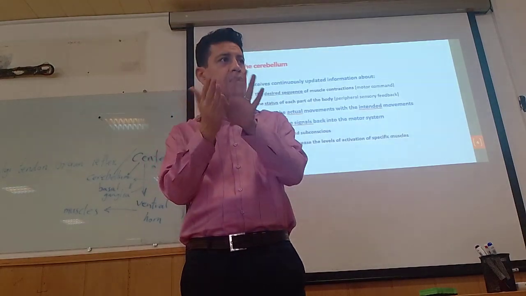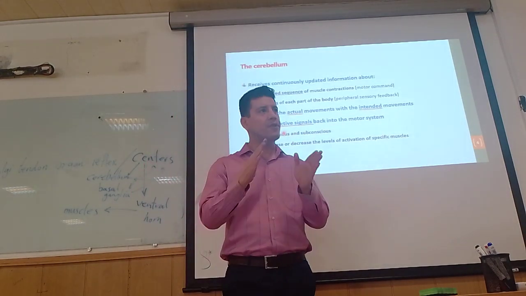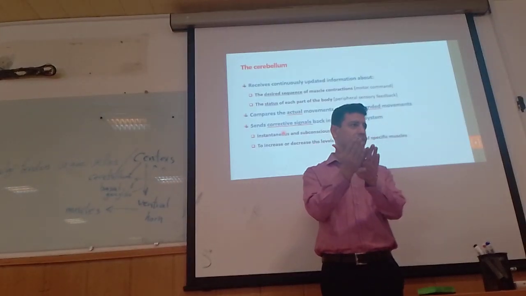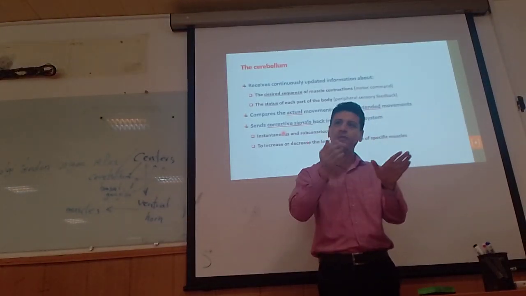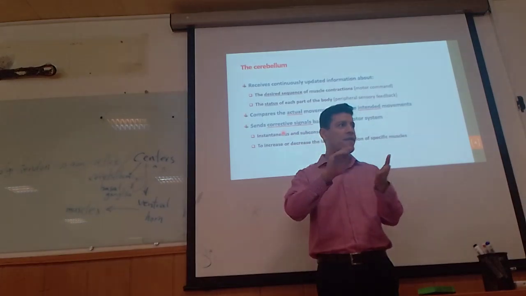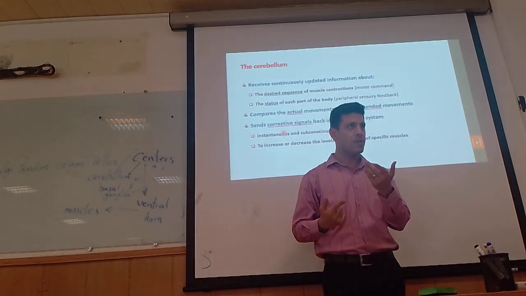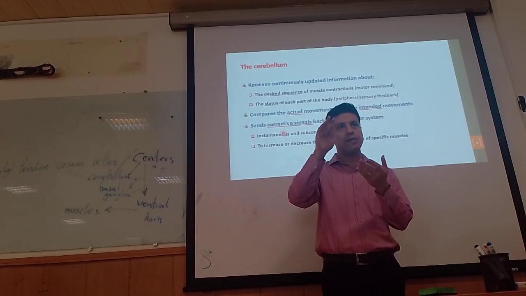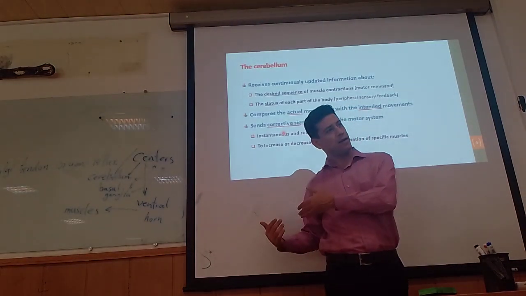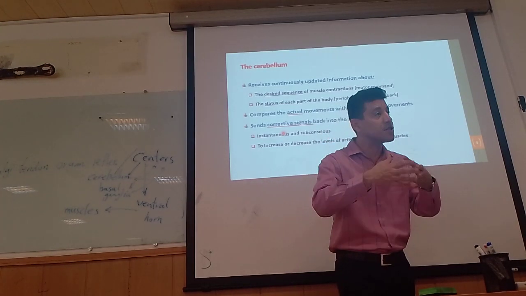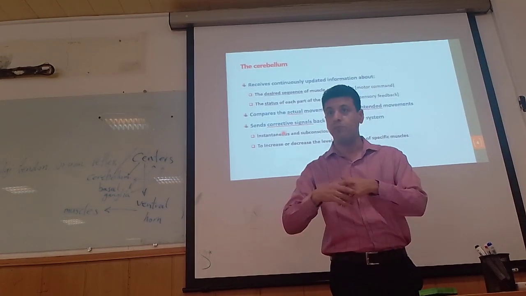Then it compares these two. If there is any discrepancy or any deviation from the desired function, then it sends corrective signals back to the cerebral cortex. So the cerebral cortex is helped by the cerebellum in order to make some corrections in the motor movement.